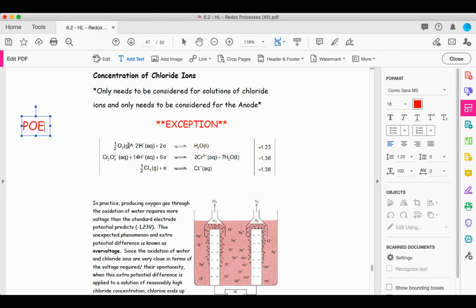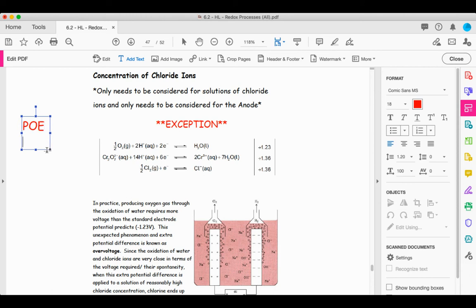The final thing is those ones, at least, they all follow the rules of table 24 and looking at the standard electrode potential values, with more negative values being less likely to happen and less negative being more likely to happen. So this last one is going to be our exception to the rule. Like we've seen in pretty much every topic, for every good rule that we have, there is at least one exception.